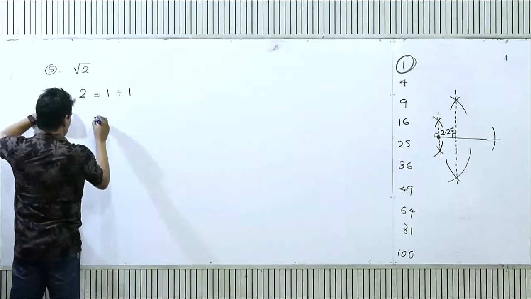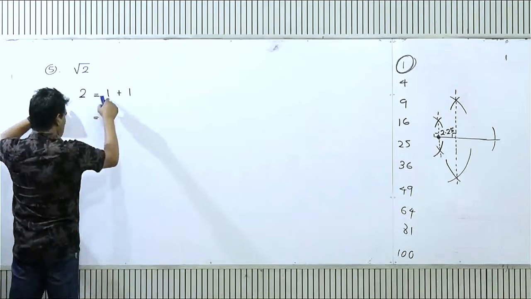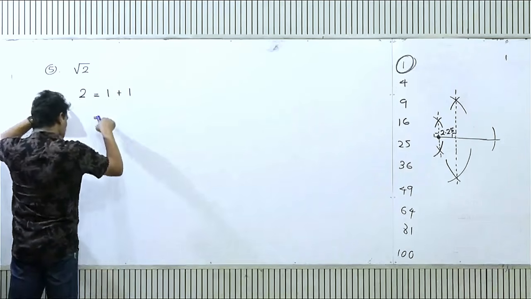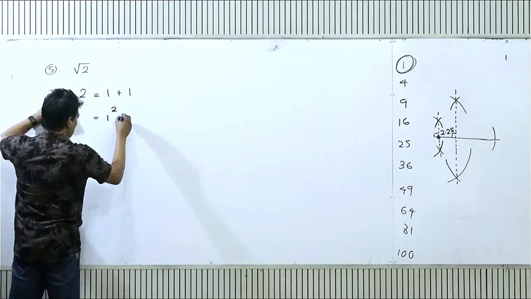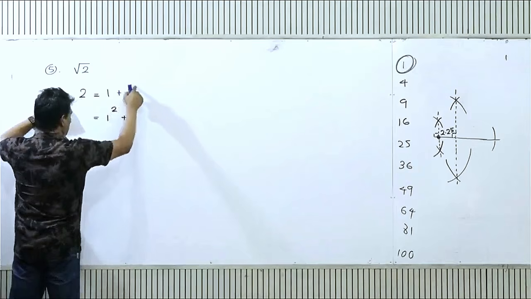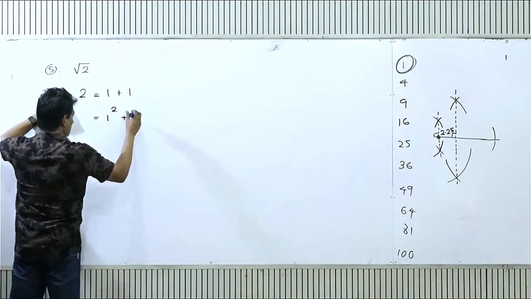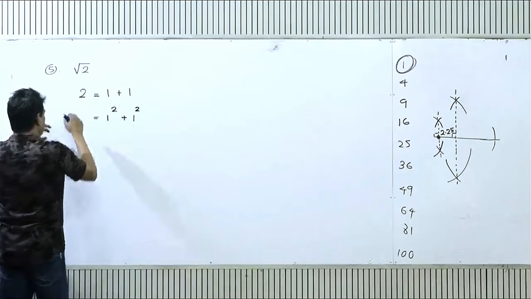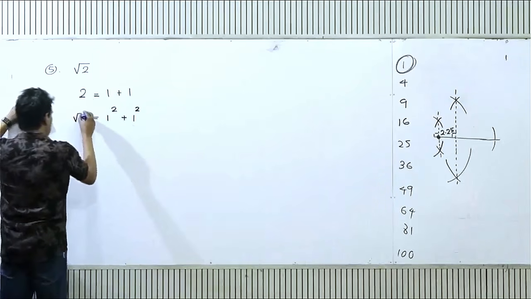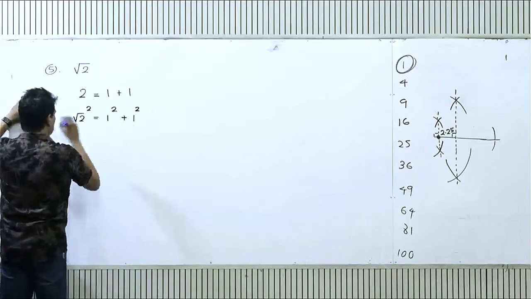Now what we have to do, we can write this number by its square root squared, 1 squared. For this number we can write its square root squared. For this number we can write its square root squared.